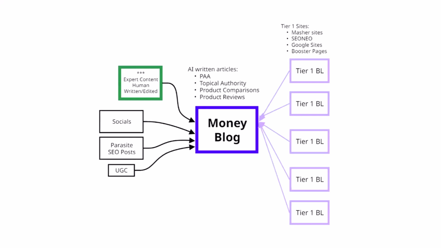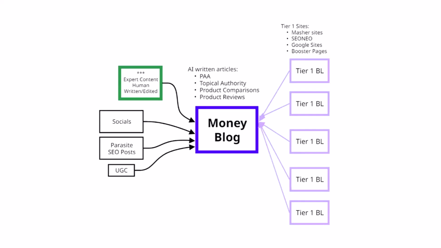Now, the next step we do is building the tier ones, okay? We use Masher sites. That's our own product. So we either use a WordPress or a Masher site here, but we use Masher sites to do tier one backlinks.